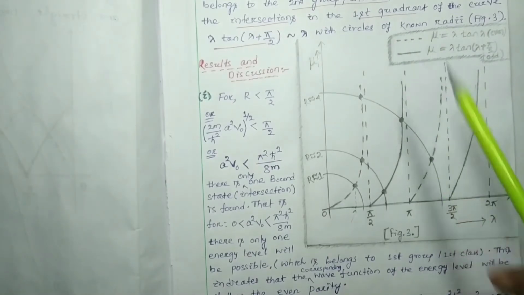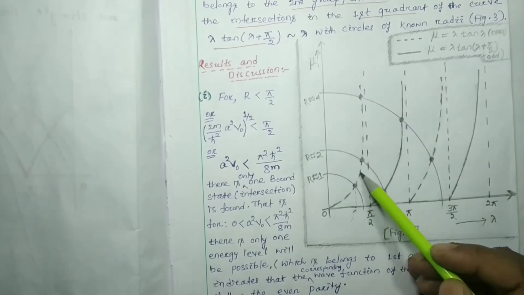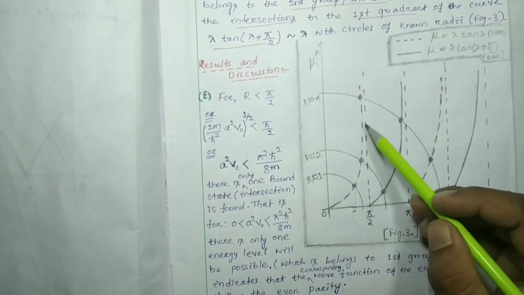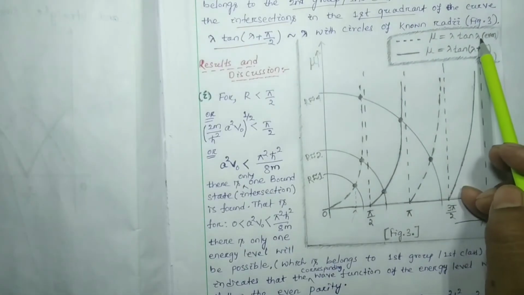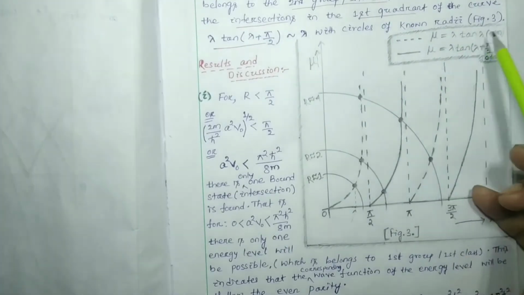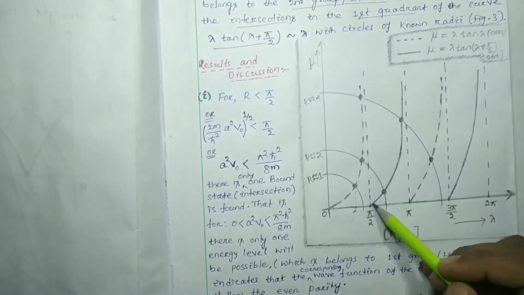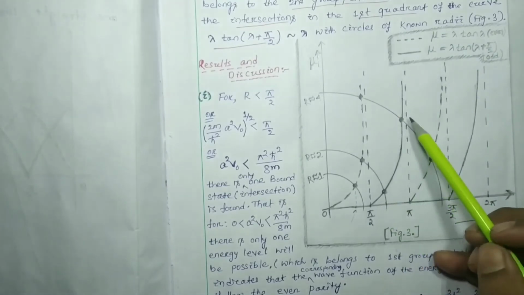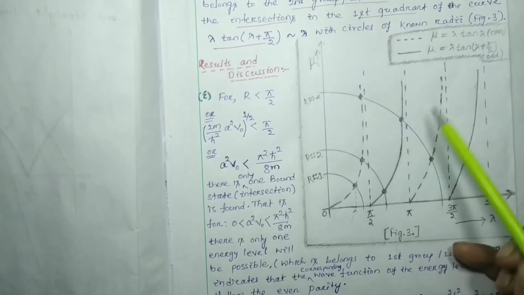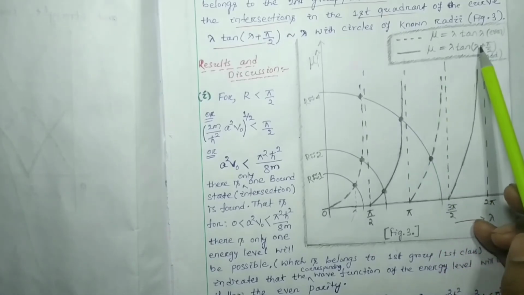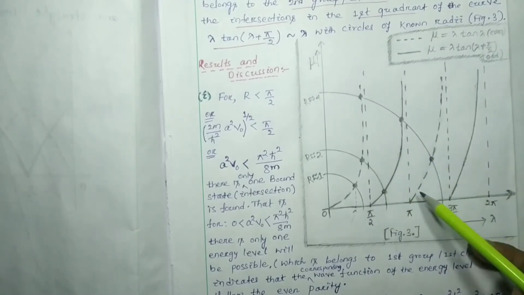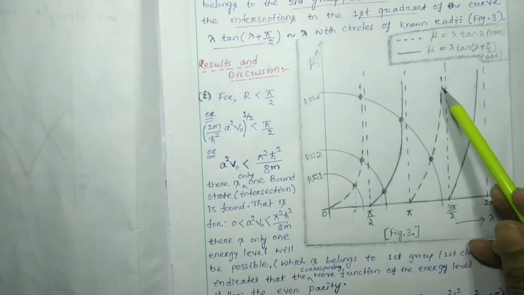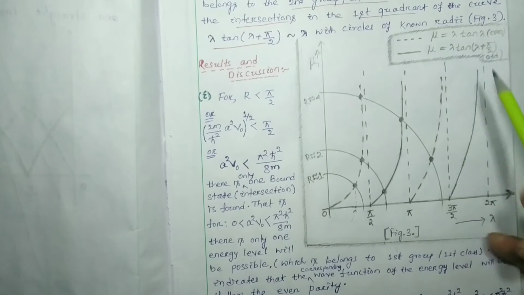This is one dotted line, which belongs to lambda tan lambda. The next one, lambda tan lambda plus pi by 2, is this dark line. The next dotted line is this one, and the next dark line is this one.